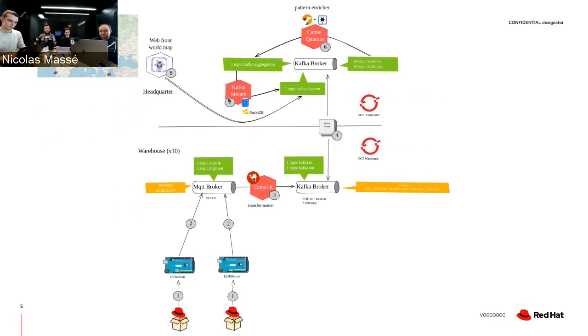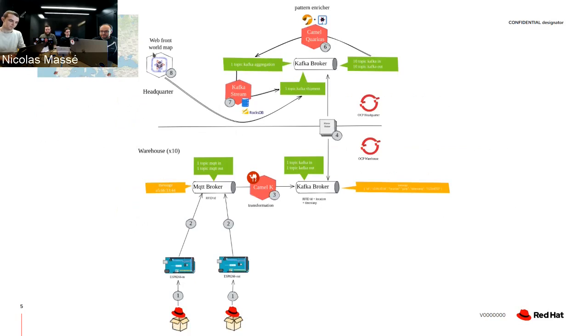But to get a shipment, you need a source and a destination. So that's why we need a stateful Kafka stream processing to join 2 location events into one shipment with a source and a destination.